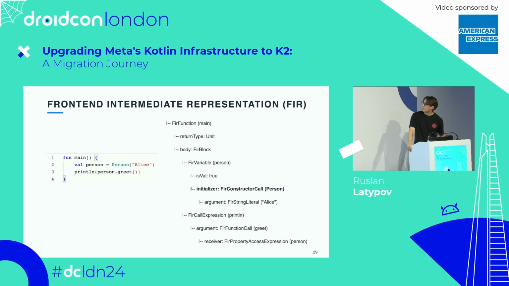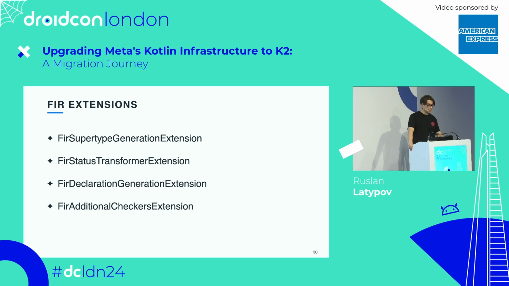So, looking at the FIR of the previous example, now we can know that we have not just a function call, we have a constructor call, and we know what type exactly is constructed. The K2 plugins API is based on FIR extensions. We have 4 main types of extensions, and mostly all of them are used within our compiler plugins infrastructure.